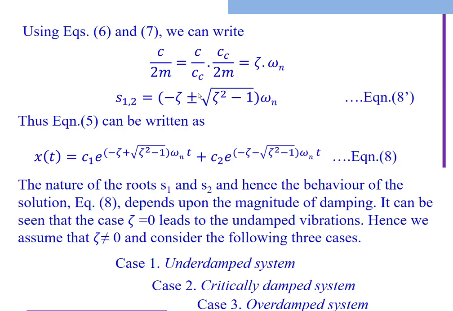These two roots can be converted into this form, and the final displacement equation we got like this: c1 e to the power of minus zeta plus under root of zeta square minus 1 into omega n into t, plus c2 into e to the power of the second root s2, where the second root has minus zeta minus under root of zeta square minus 1 into omega n into t. By using this displacement equation, we solve problems for underdamped system, critically damped system and overdamped system.